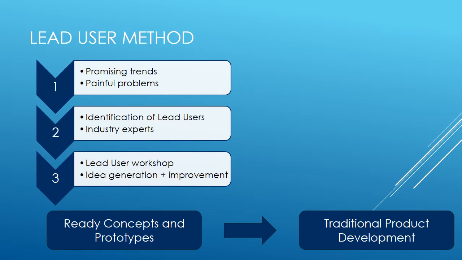And traditional product development then takes these raw concepts and prototypes, polishes them, develops them further, makes them economically more viable, of course, and improves them until they are ready to launch on the market.